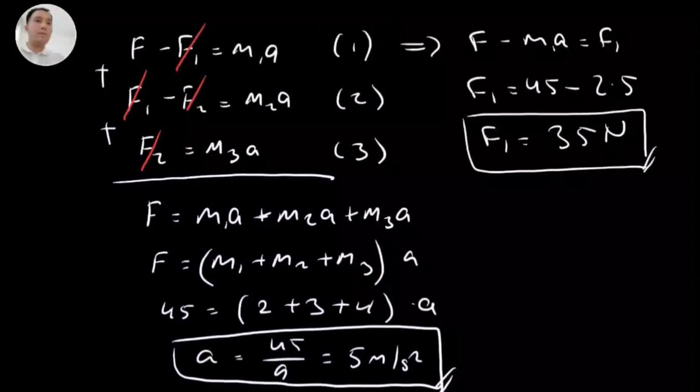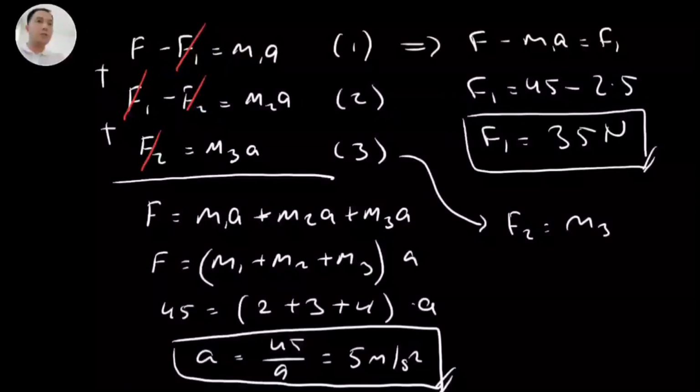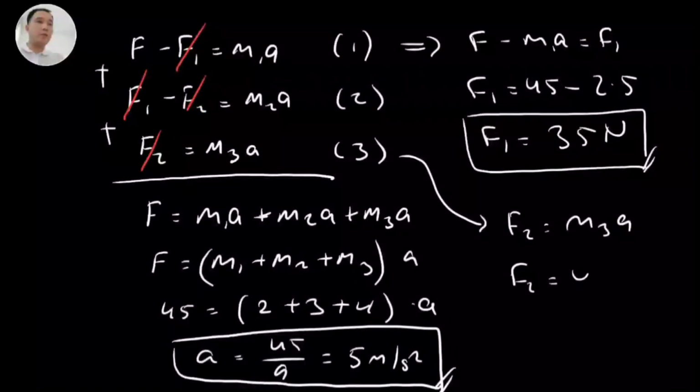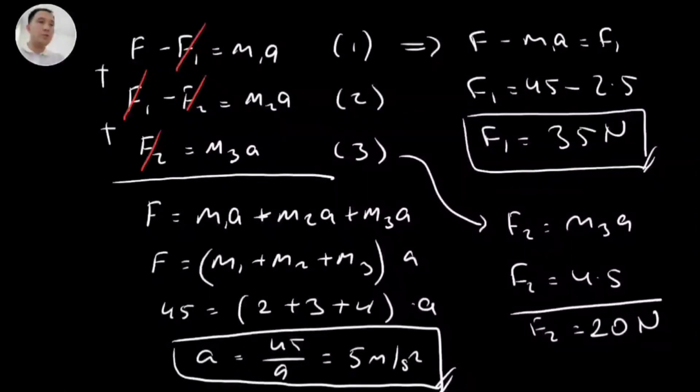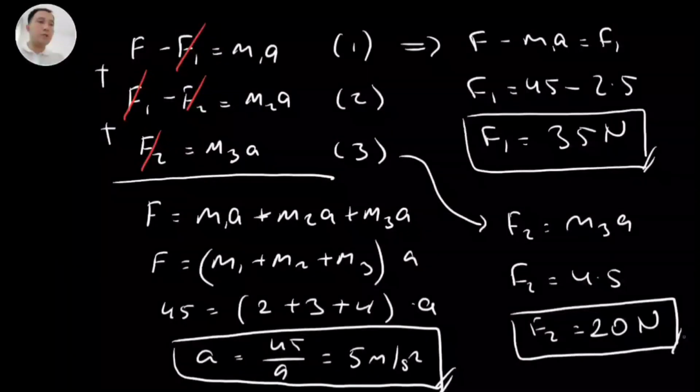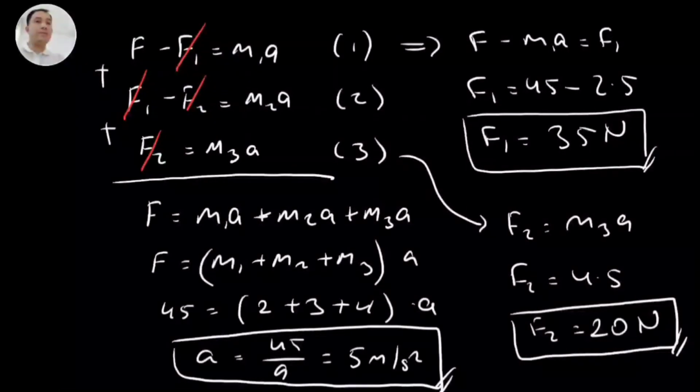Now we can use the last equation to find the second contact force. F2 equals M3A, so M3, 4 kilograms, times 5. This contact force equals 4 times 5, 20 newtons. So this is the contact force between the second and third object.